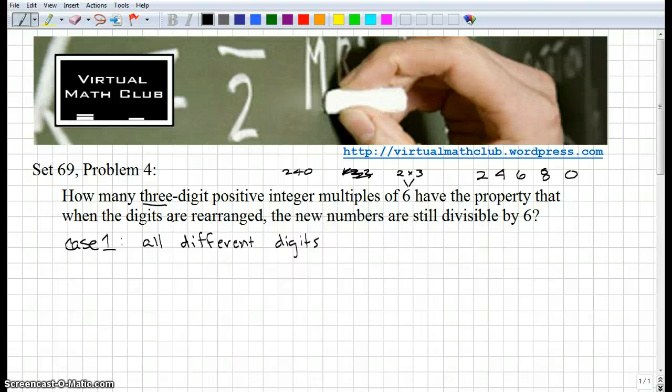All right, so let's look at the case where, well, let's just look at 2, 4, and 6. If we add that up, that gives us 12, which is divisible by 3. So 2, 4, and 6 give us one number that can be rearranged in any way and still give us a multiple of 6.